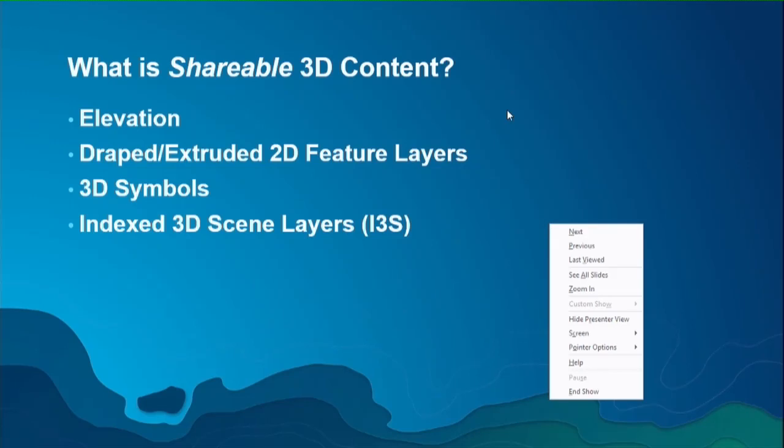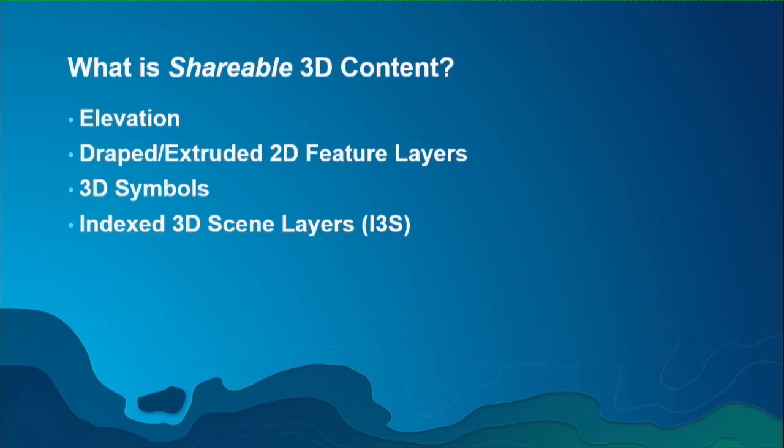So I'm just going to dive into what is shareable content in 3D. As Chris said, I think any realistic 3D scene starts with elevation. Elevation is your basic ingredient that you start off your 3D scene with. So elevation is the first primary source of input data for creating shareable 3D content.